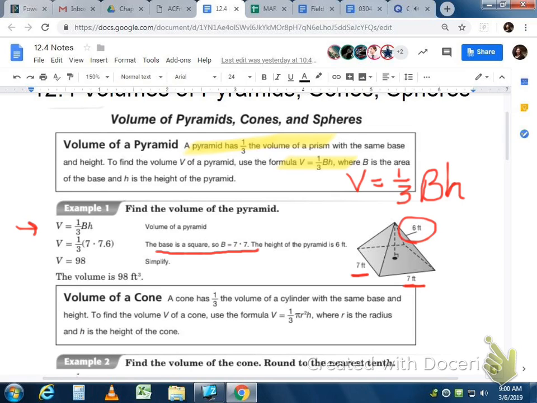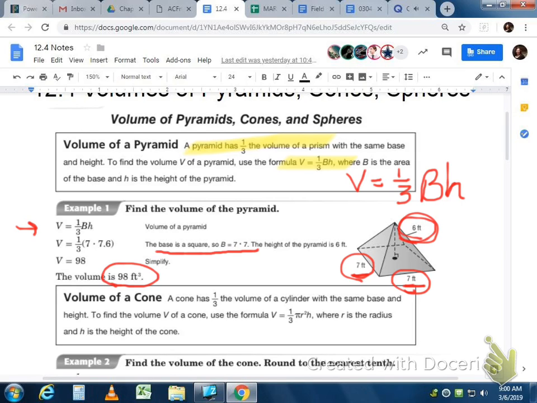So 7 times 7 times 6, and then they do 1/3 of that. On all of these, you would be allowed to use a calculator, my best guess. The volume of that pyramid is 98 feet cubed. Volume is always cubic units because we're taking feet times feet times feet, feet cubed.